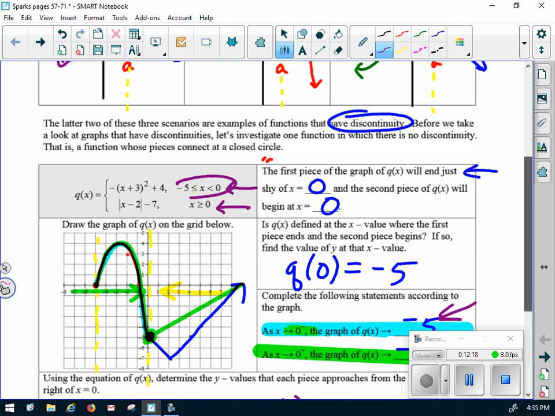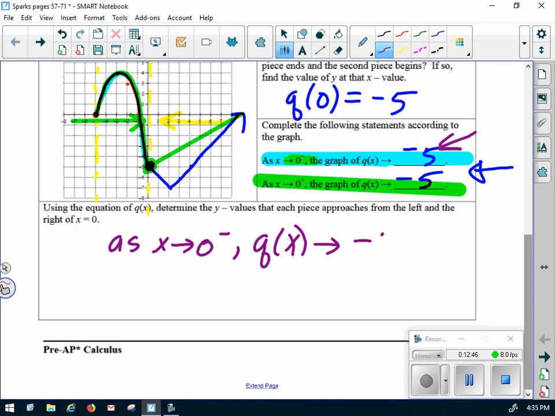Well, it's this one right here. So from the left of 0, we're going to be using this equation. Substitute in 0. You say, but he doesn't own 0. That's okay. What we're doing is, as x is getting closer to 0 from the left side. So if I put 0 in here, I have 0 plus 3 is 3, squared is 9, opposite of 9 is -9, plus 4 is -5. Look, that's what we got right here.